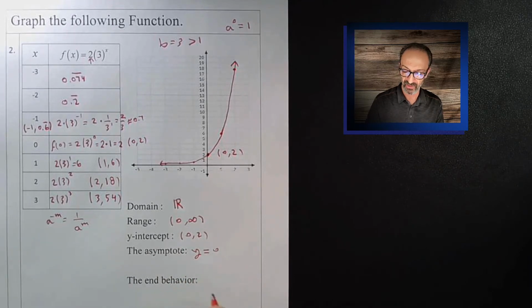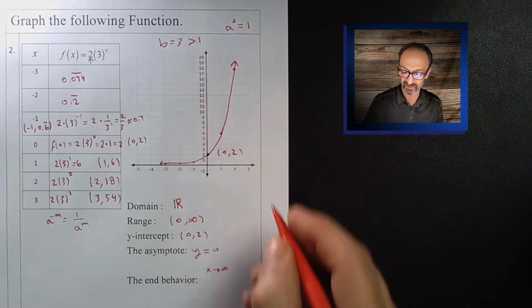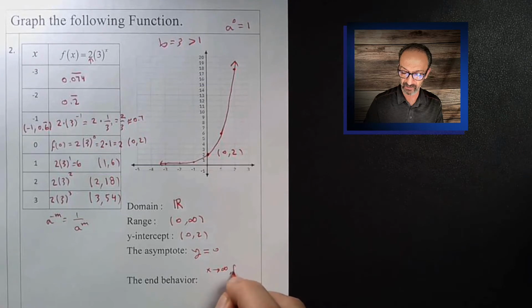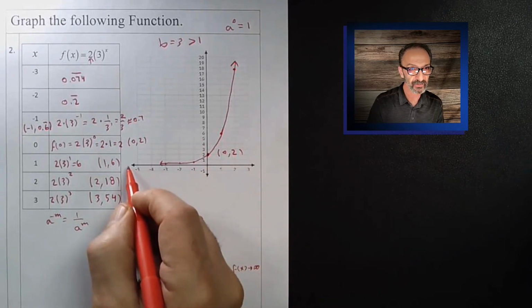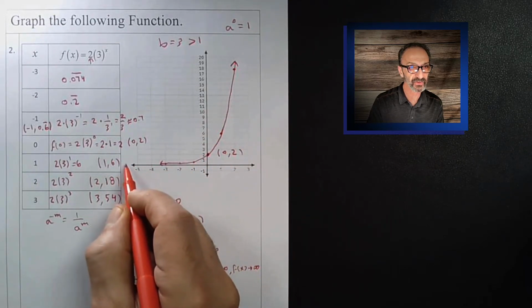In behavior, as x approaches infinity, going to the right, f of x goes up to infinity. As x approaches negative infinity, all the way to the left, my values will get closer and closer to the x-axis.